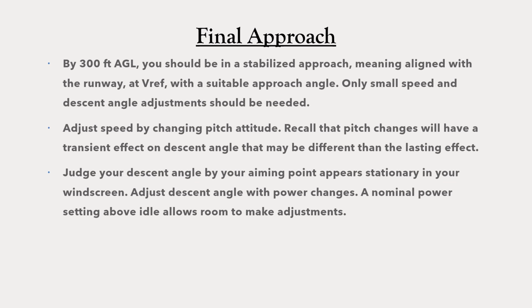So a standard landing approach will usually be made with some power above idle so that you're able to make adjustments in either direction. You can decrease it or increase it. In most aircraft, using full flap deflection works best during the final approach.